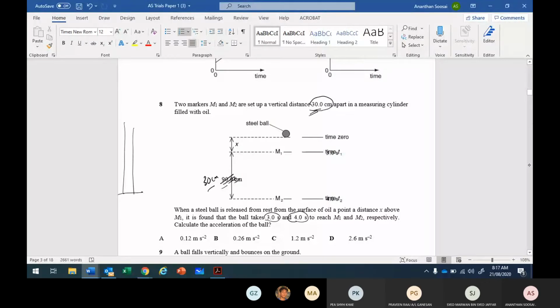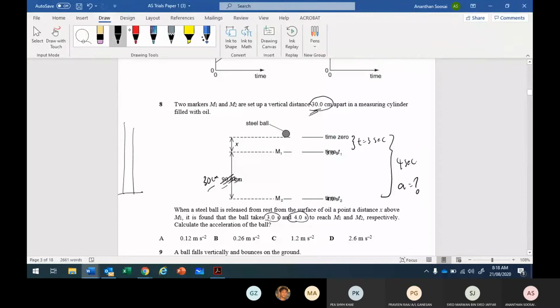So if it's 30, how do you find the acceleration? Travel here, it took 3 seconds. Travel from here to here, it took 4 seconds. How do you do this? First, consider this movement first.